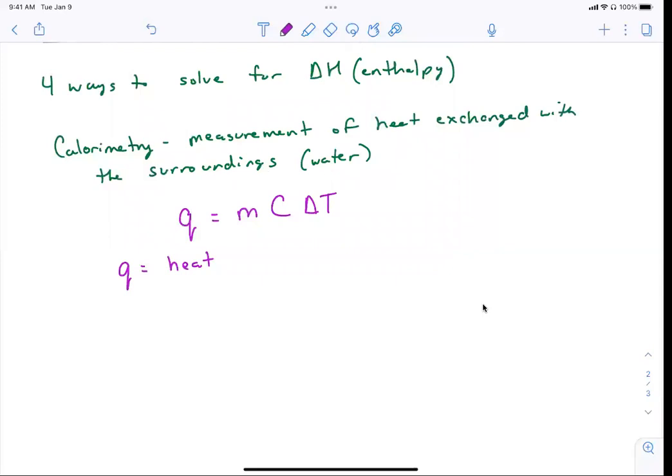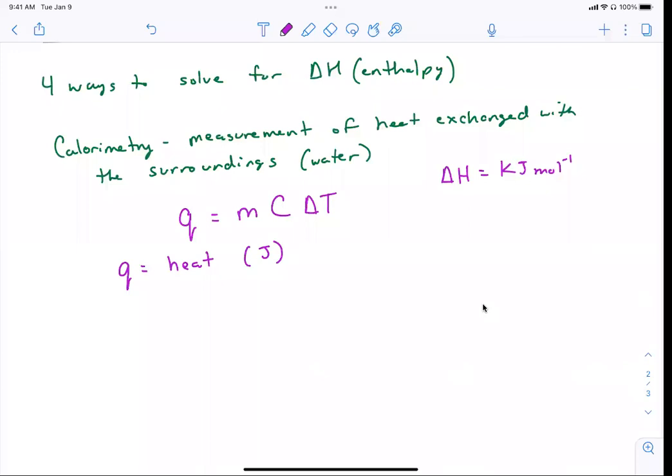So delta H's units are usually kilojoules per mole, whereas Q is specific to the experiment you're conducting, like right here. This unit is just kilojoules or joules, depending. So it's not per mole, it's just per the amount that you're using in the reaction. I would say actually in calorimetry, it's probably going to be joules, and that'll be important.